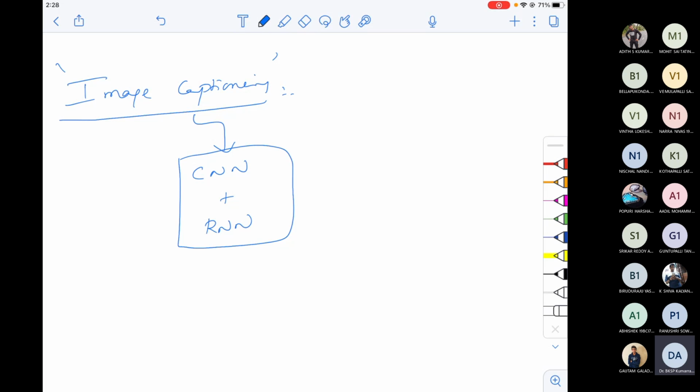Guys, one important analogy I want to give at this point: many of you have completed your electronics course where you make circuit connections on the breadboard. If I take two wires, I can connect them serially or parallelly. Similarly, CNN is one architecture and RNN is another, and I can connect both in different possible ways, and we will see all those ways.